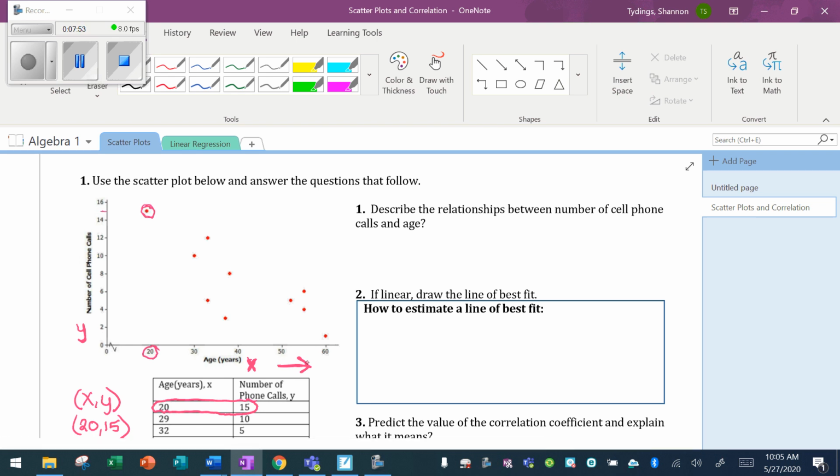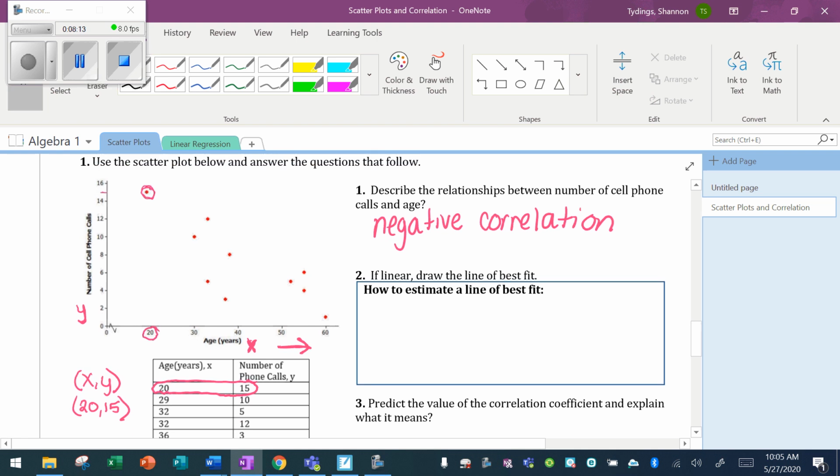And as you can see, those Y values overall are decreasing. So this would be a negative correlation. So there is a negative correlation between our age and our number of cell phone calls.